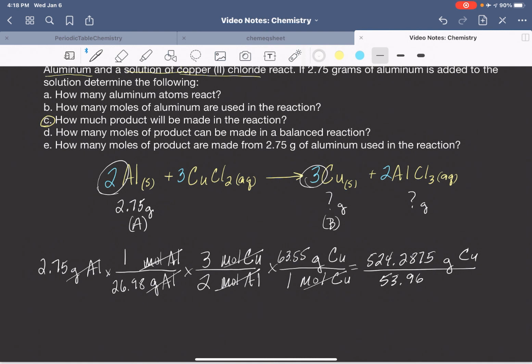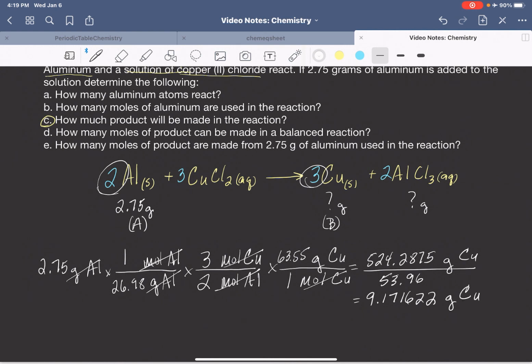So now we have to just reduce this fraction, 524.2875 divided by 53.96. That's 9.171622. There's a whole bunch of numbers, but at this point, we don't need those.